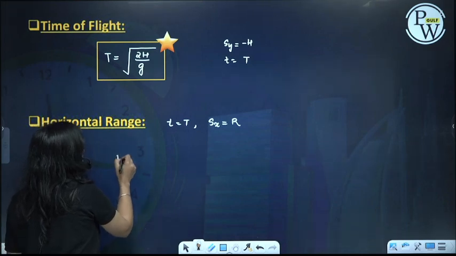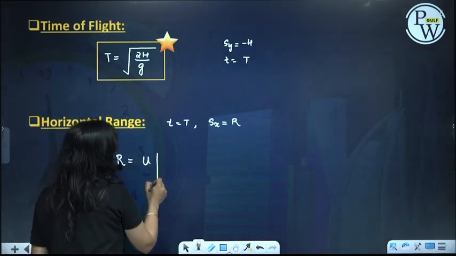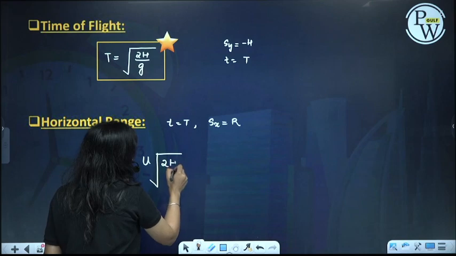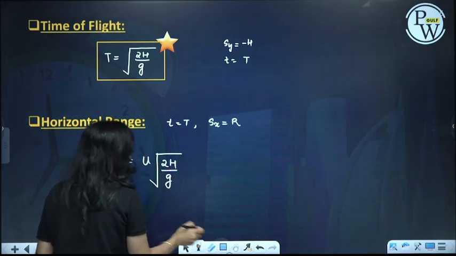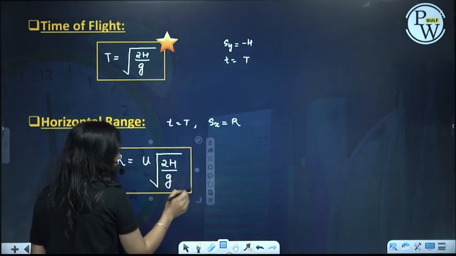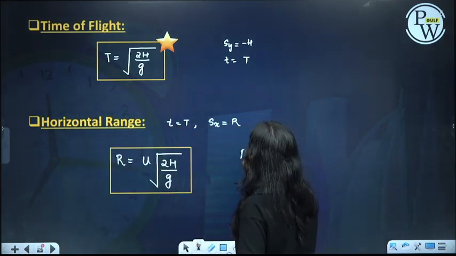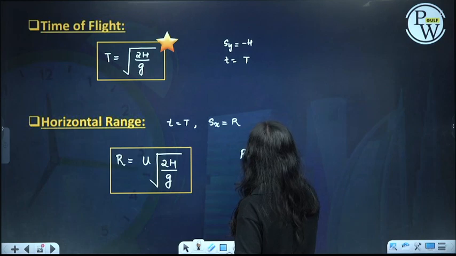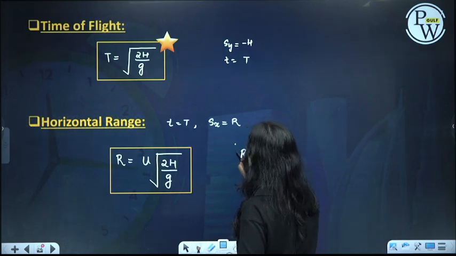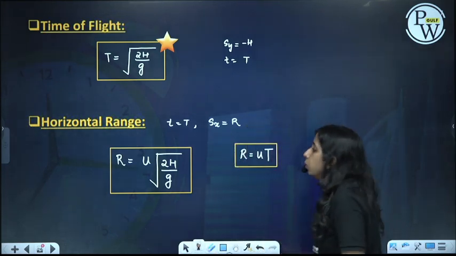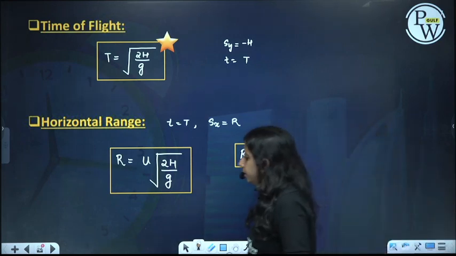So range will be equal to u times under root of 2h by g, or R is also equal to u into capital T.